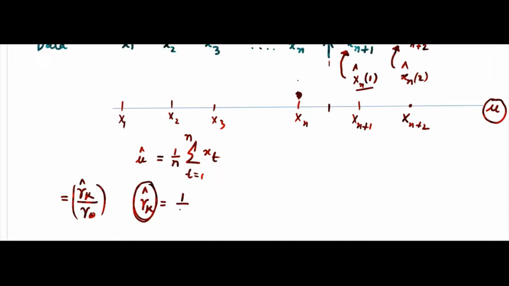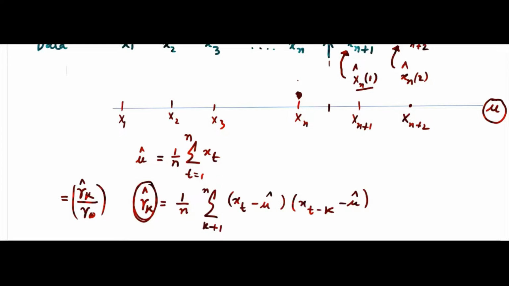That is 1 upon n, summation of xt minus mu cap, and then xt minus k minus mu cap. Considering that you know mu, the summation will run from k plus 1 to n. This is the formula. t is the variable here; if you want, you can write t also here.